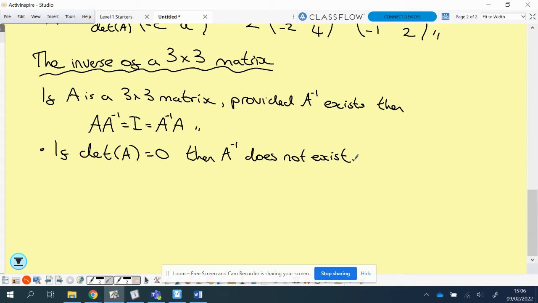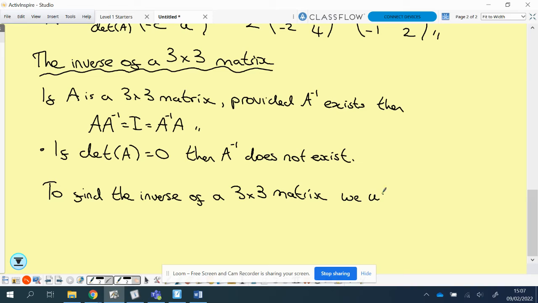Okay, so to find the inverse of a 3x3 matrix, we use row operations similar to Gaussian elimination.